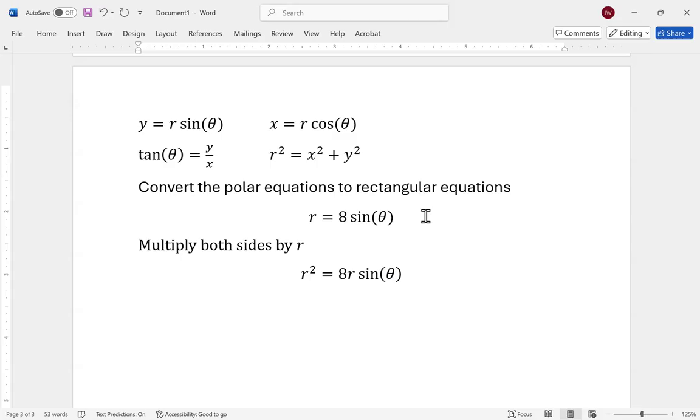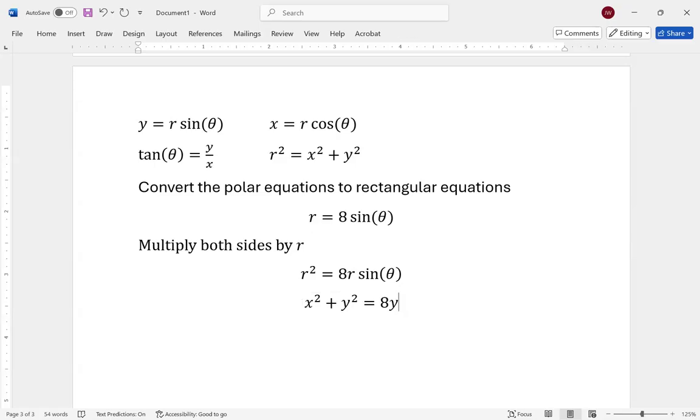On the right-hand side, that r times sine theta can turn into a y, and on the left-hand side, the r squared can turn into an x squared plus y squared. So here we get x squared plus y squared is equal to 8 times y.